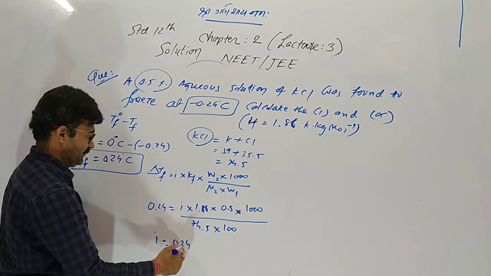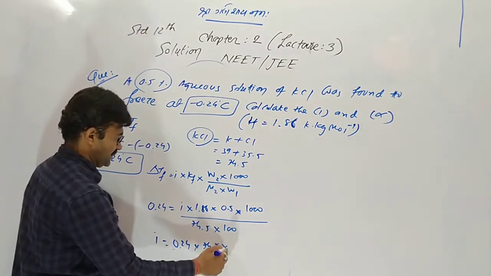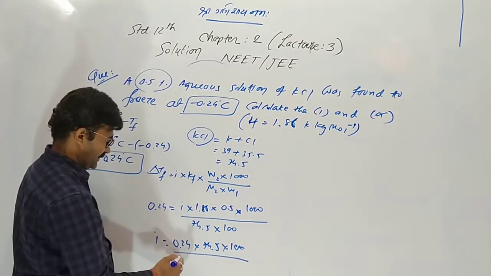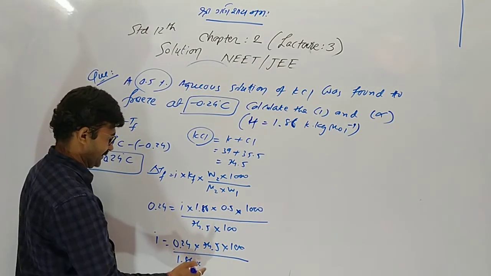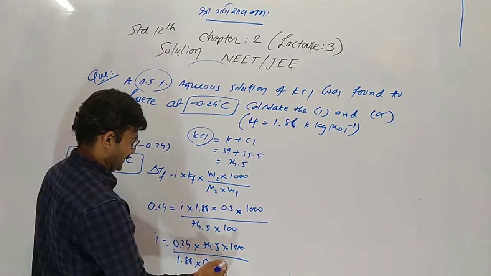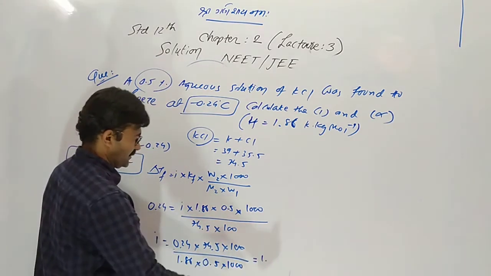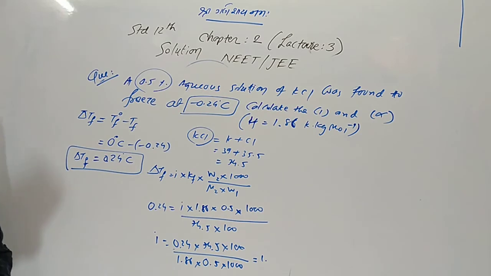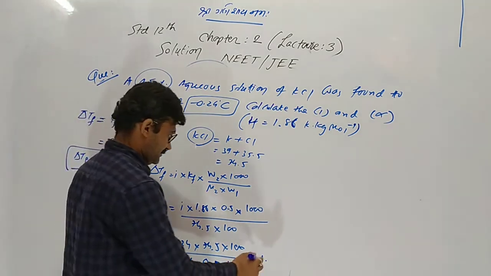So i will be 0.24 times 74.5 times 95 divided by 1.86 times 0.5 times 1000. So i is 1.92 here.